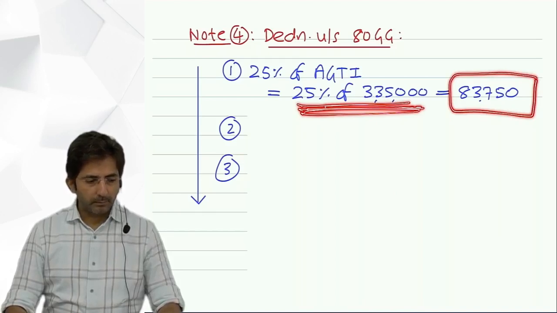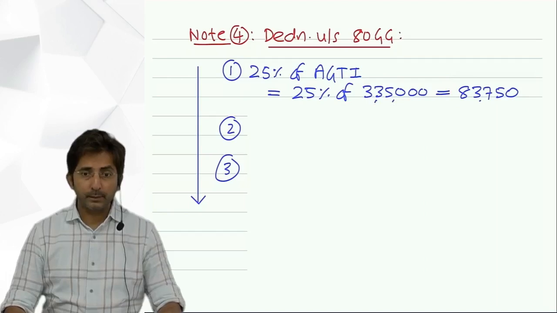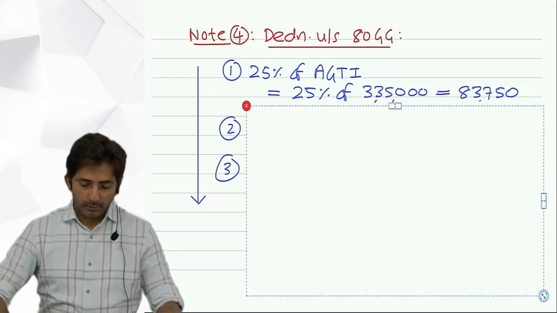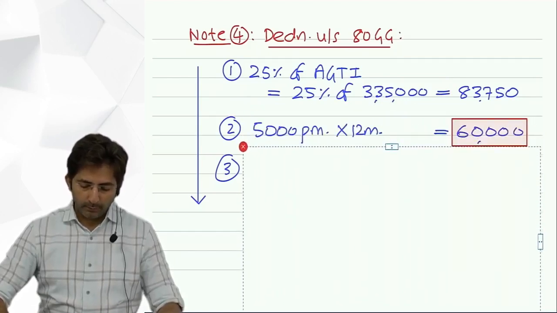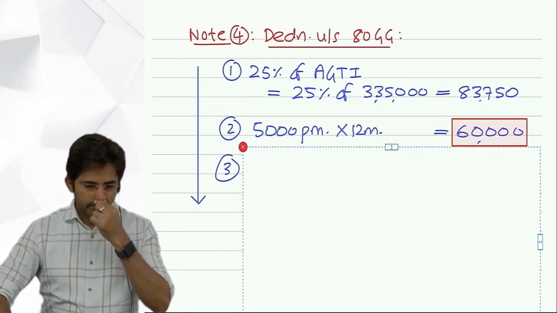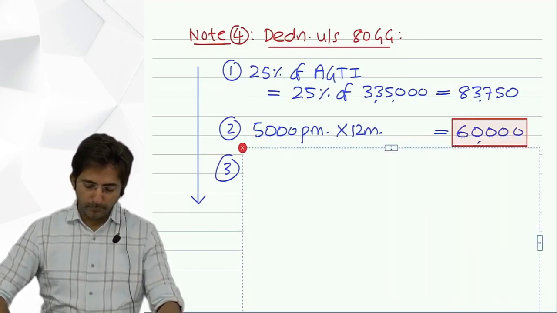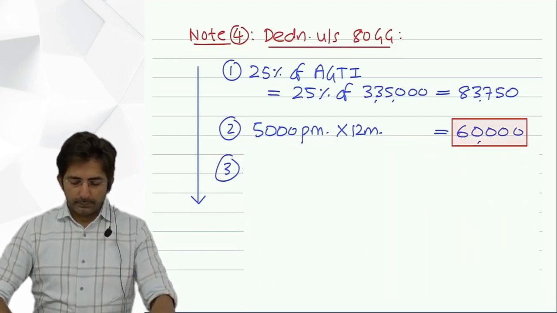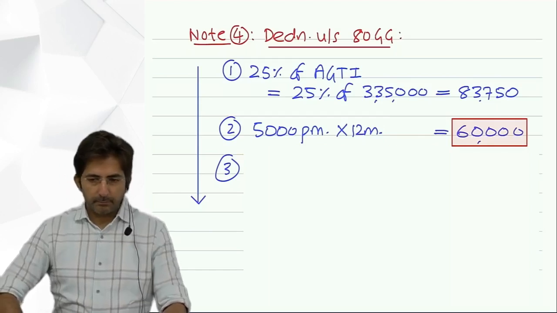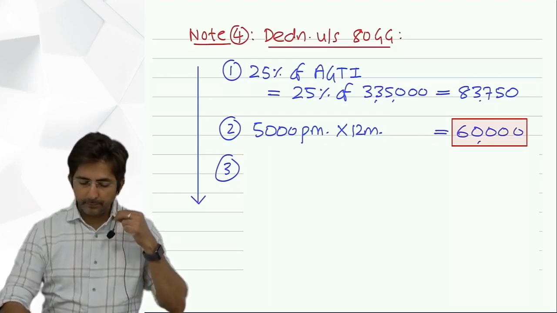Second amount, 5,000 per month. That is a fixed amount. 5,000 per month. Remember or not? So 5,000 into 12, 60,000. Then rent paid minus 10% of AGTI. Check the rent paid.